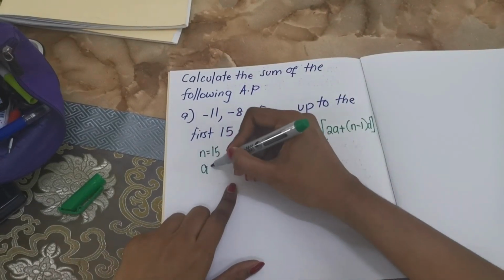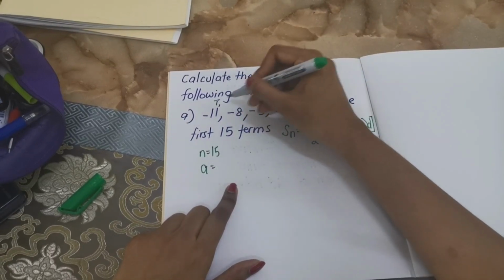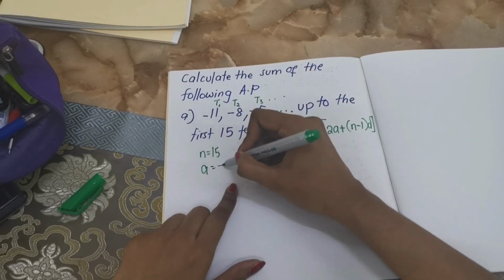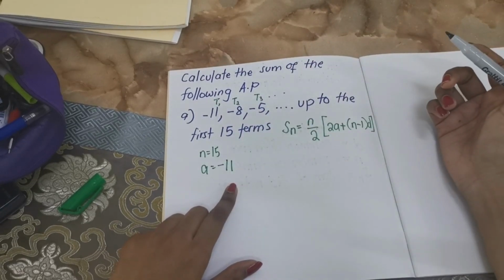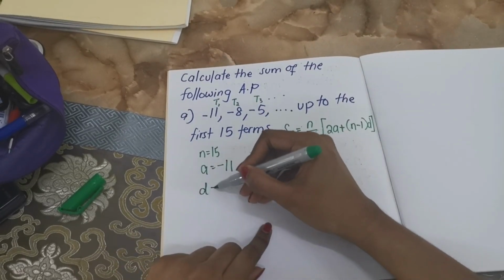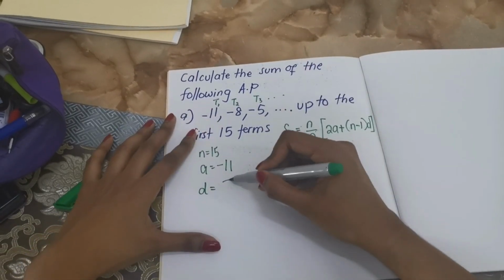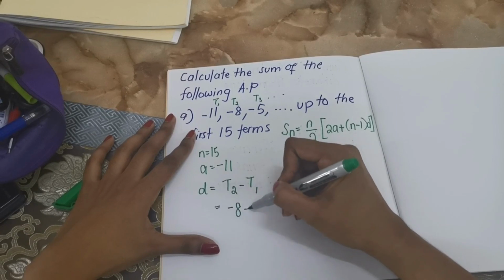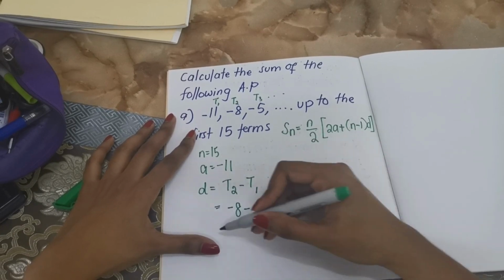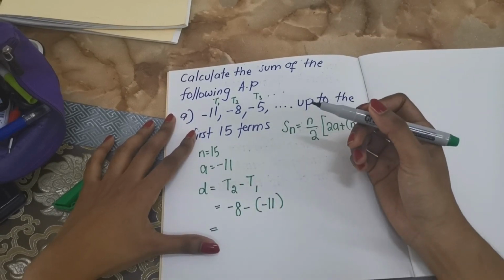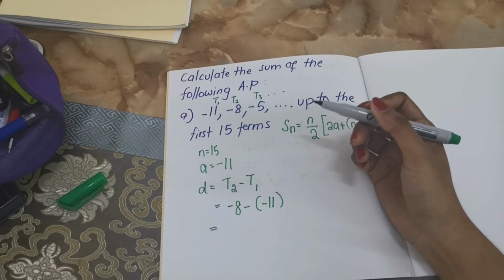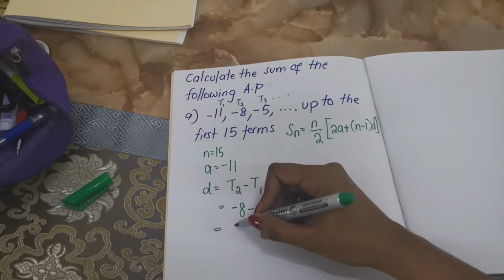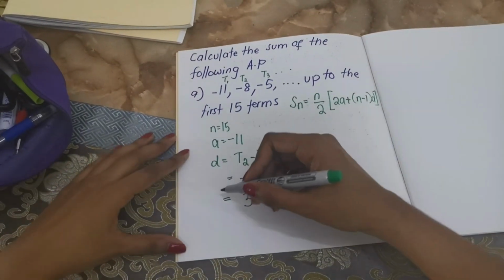What is our a? What is our first term here? This is T1, T2, T3 and so on. So the first term is negative 11. What is our common difference? We take term 2 minus term 1, so negative 8 minus negative 11. Here we obtain negative 8 plus 11, which is 3. So our d is 3.